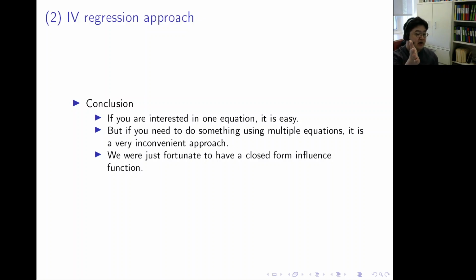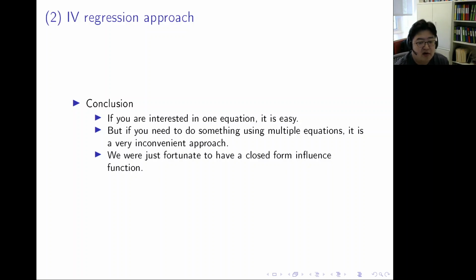If there are, say, 100 equations, then you cannot handle them at the same time. Then just taking one equation and estimating only one equation will help you. However, it is not general enough to study across equations. So that is a clear limitation of this approach.